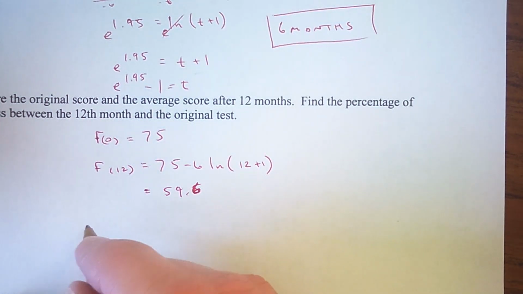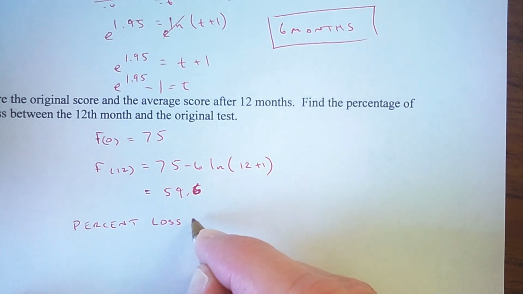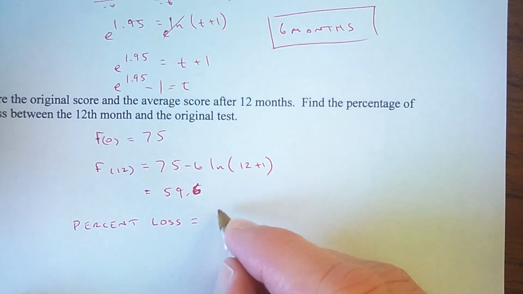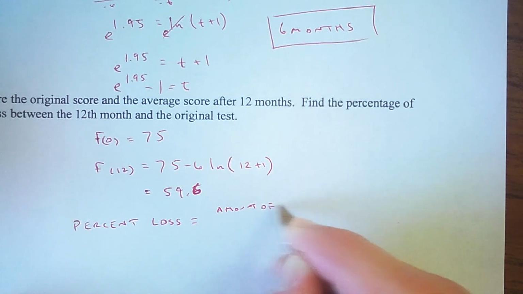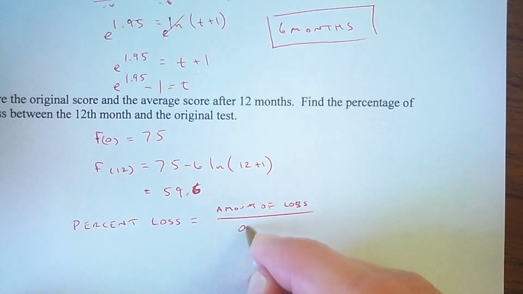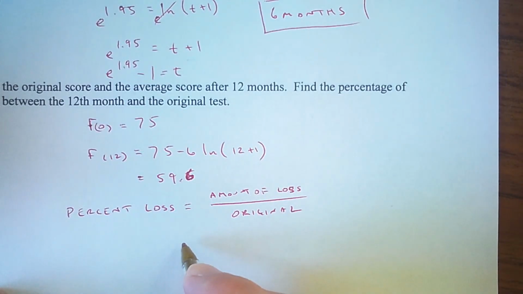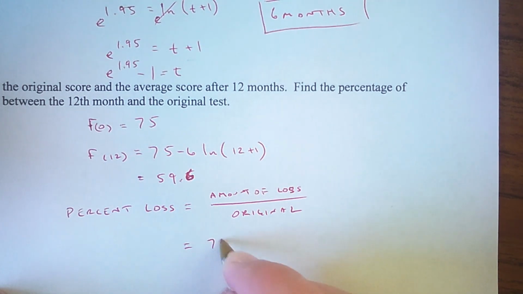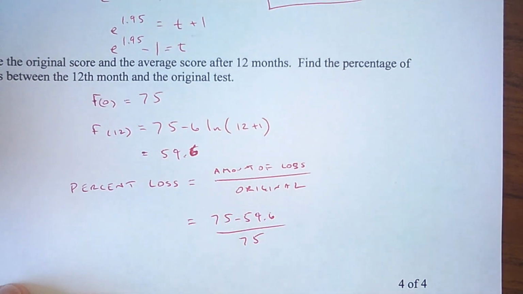Okay, so the percent loss is equal to the amount of loss divided by the original score. So in this case, that would be 75 minus 59.6 divided by the original score of 75.